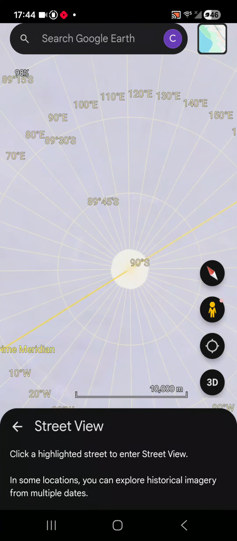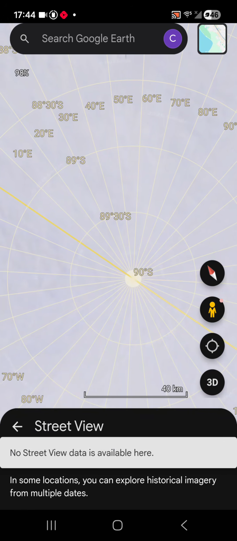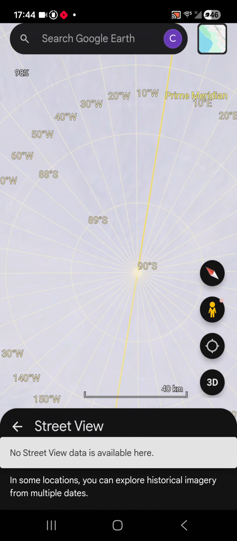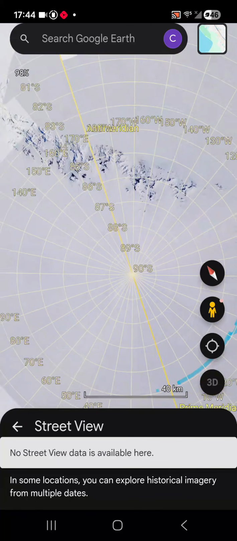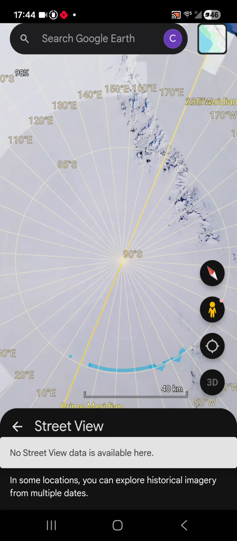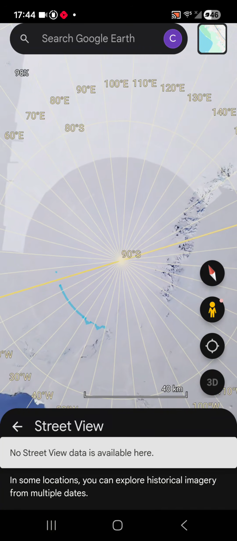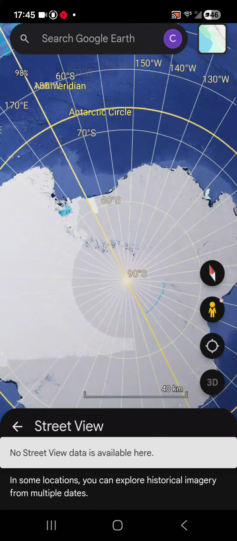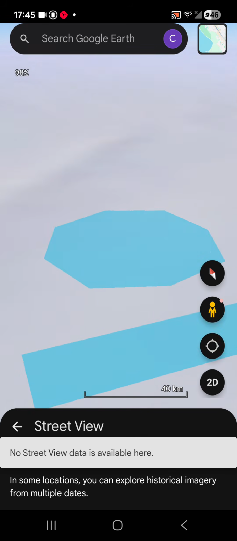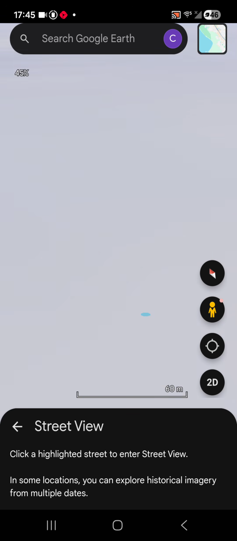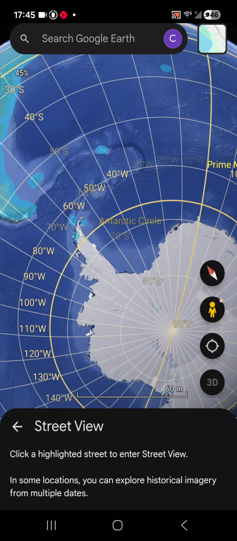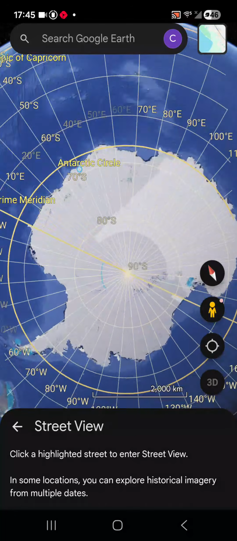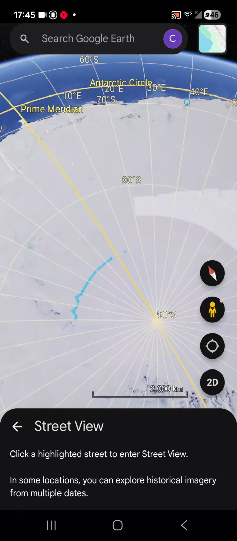And see how far back we gotta go before we get a reaction from Street View. Wow. Wow. Finally. But I didn't even tap on that spot. I tapped the center. Come on.